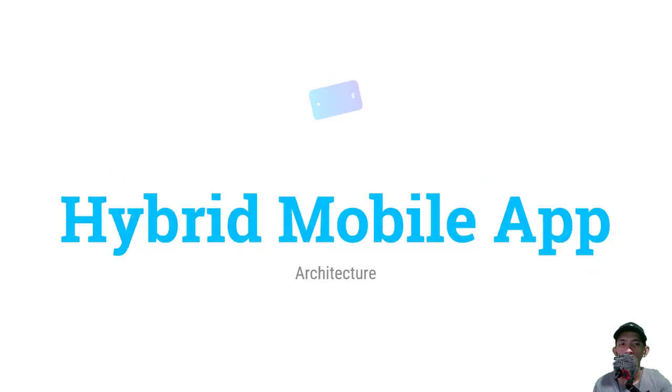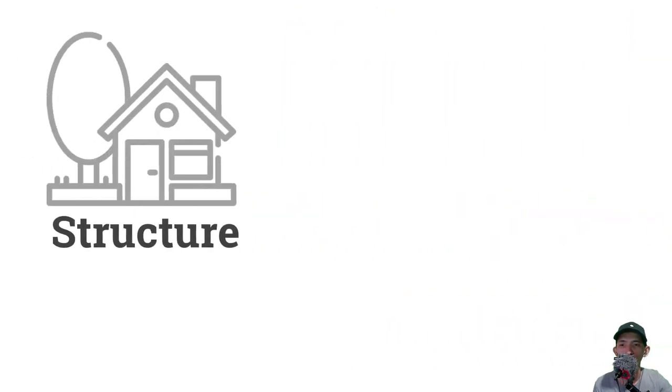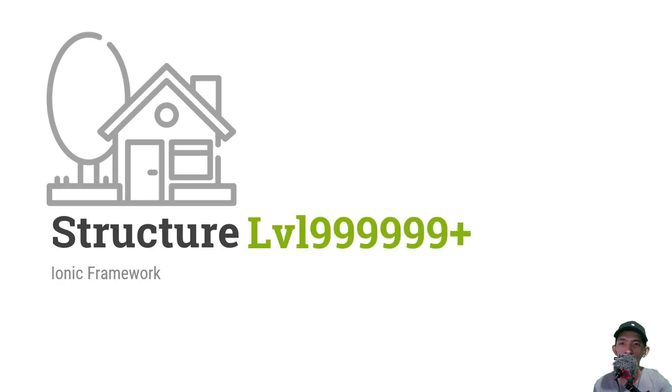How about hybrid mobile application? What is the architecture of a hybrid mobile application? So basically, meron din siyang structure na tinatawag. Kung sa website, we have HTML. In this lesson, ang gagamitin natin for structure is the Ionic framework, which is para lang din siyang HTML tags, pero ang structure na meron si Ionic framework is level 999.